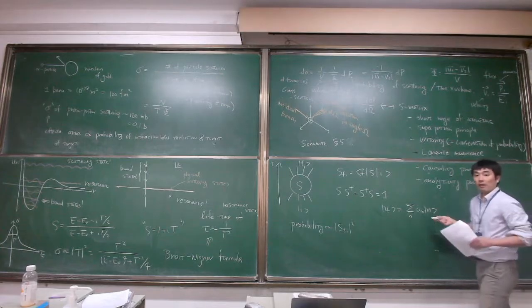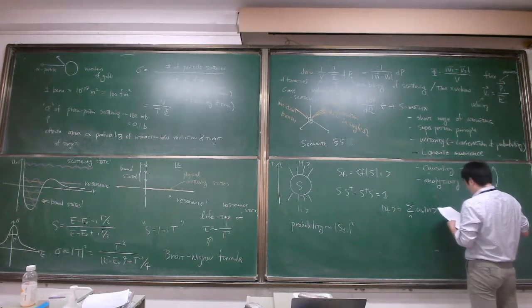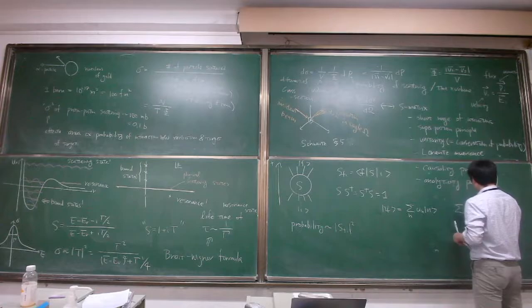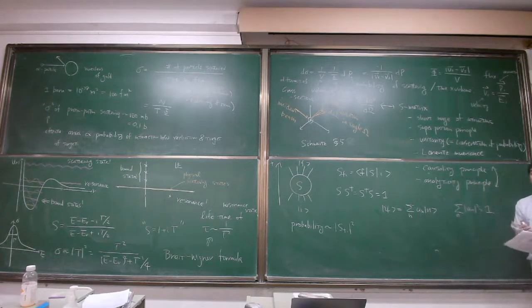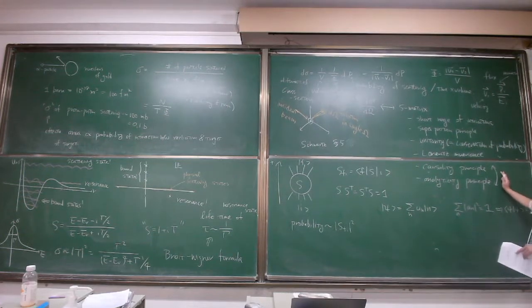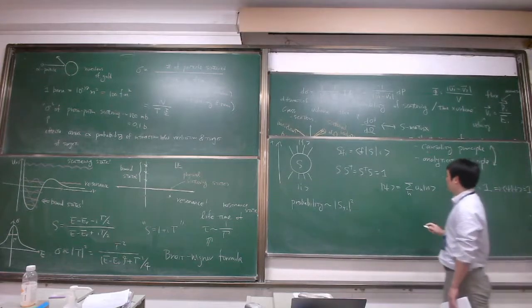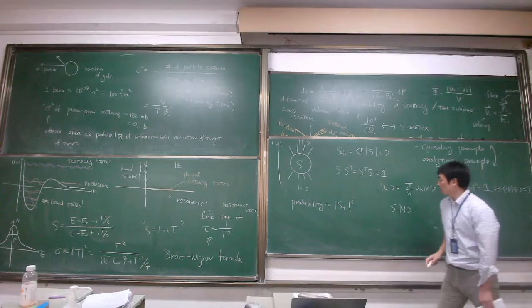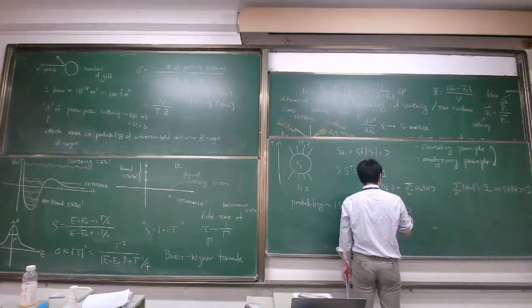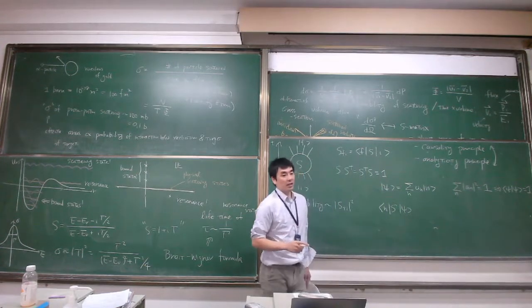Any basis is okay. The normalization is taken appropriately, so that psi squared is equal to 1. This is a proper normalization. And we consider psi evolved by the S matrix. At the end of the day, it will become some state in the future.